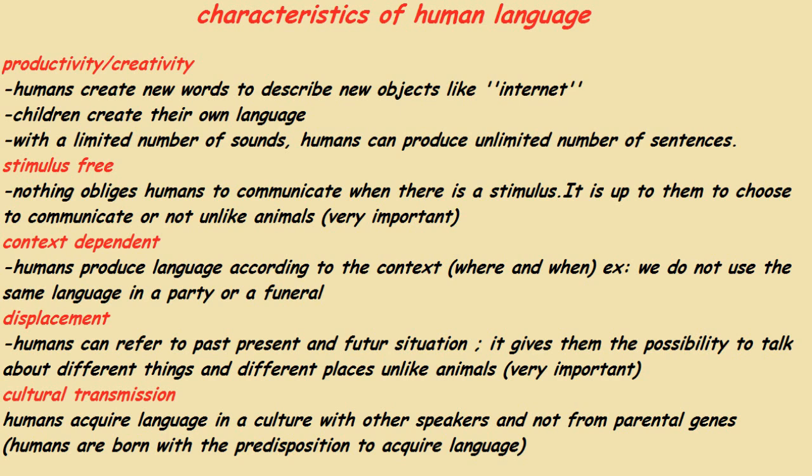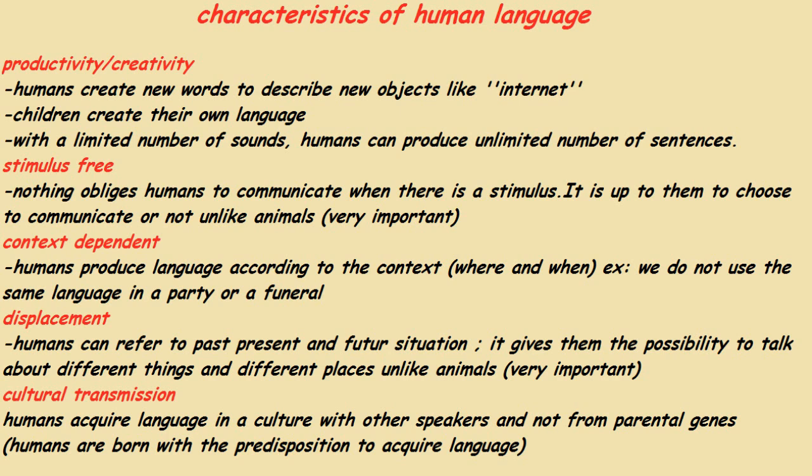You cannot act happy in a funeral, so you are dependent on the context. You are obliged to the context. You are linked to the context. So this is the third characteristic. Like I said, the best example that you can give is the party and the funeral. We use different language.